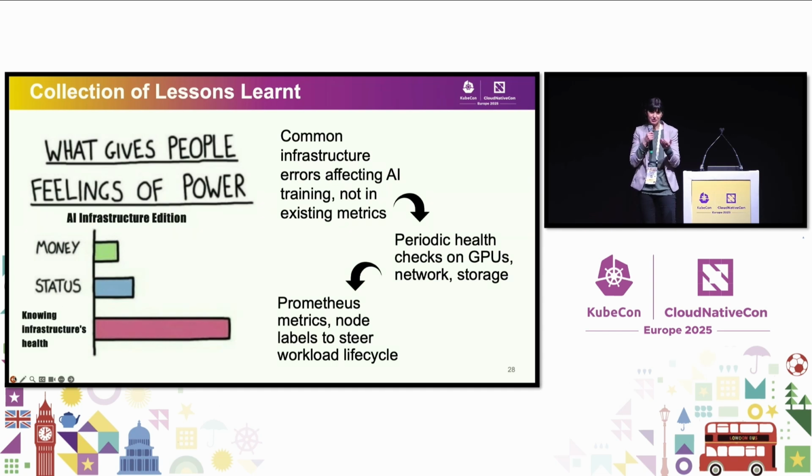The ideal thing we want to do is package all those things into periodic health checks on GPU, network, and storage. We run those tests all the time, and we can leverage Prometheus to export the results that we're getting. We also label the worker nodes healthy or unhealthy, and how unhealthy they are, and those labels are used to steer the life cycle of the jobs.